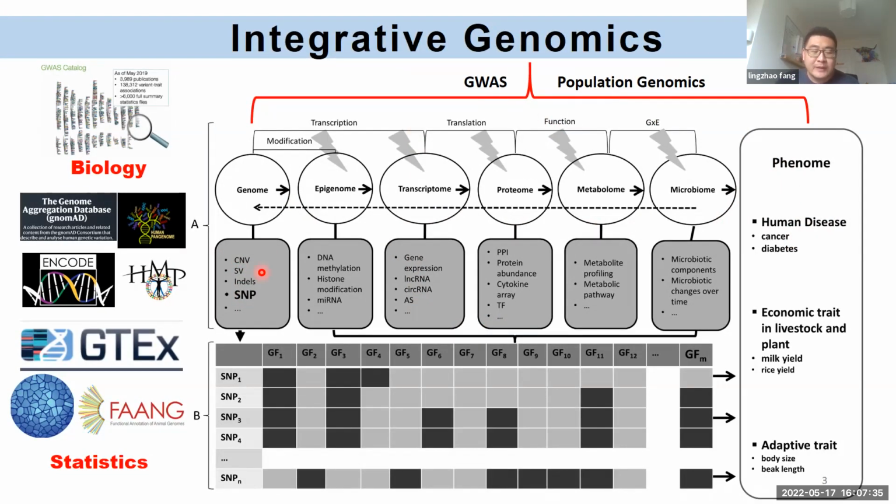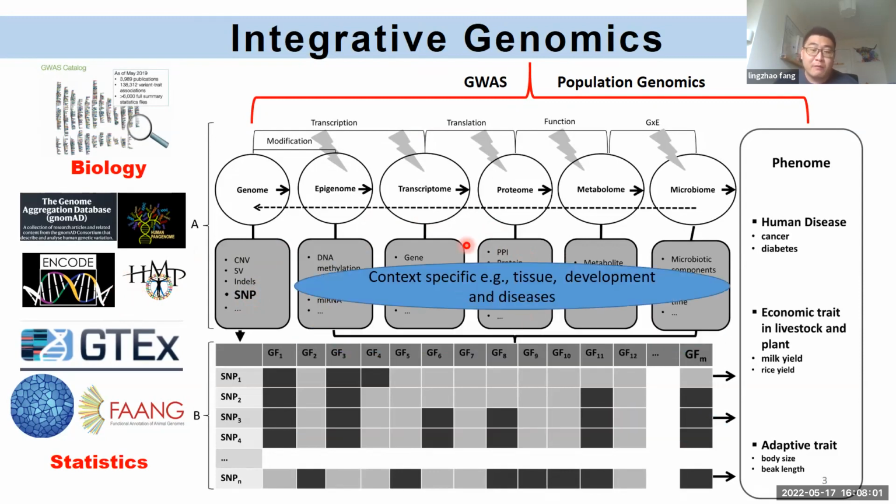If we want to understand the molecular mechanisms underlying each of these associations, we do need to collect all these intermediate molecular phenotypes. In humans, a lot of international collaborative projects have been launched, and they got a lot of very interesting findings based on this data.